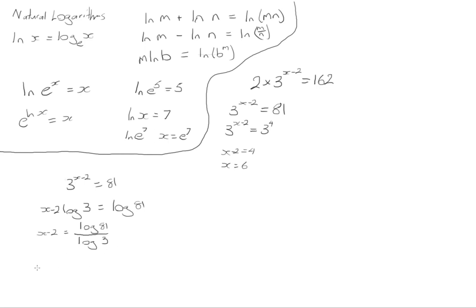So x minus 2 is just going to be equal to log of 81, which is just 4, divided by the log of 3, which is 1. That is just equal to 4, so we're going to have x minus 2 is equal to 4, and again x is equal to 6.